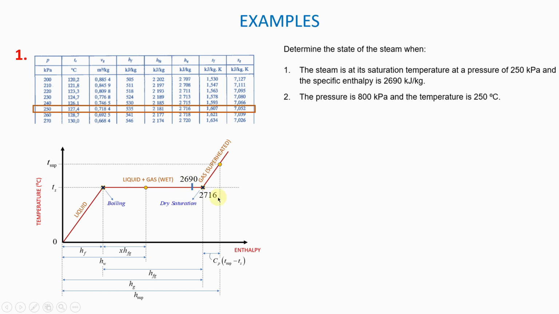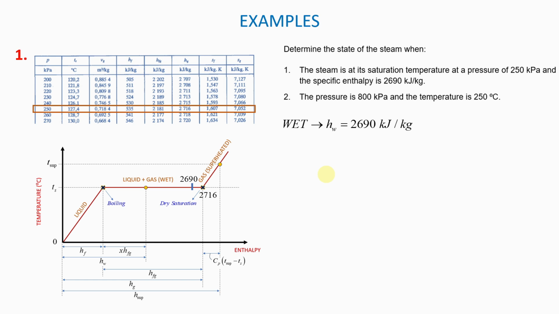I hope you are able to appreciate this. Therefore, it is wet, and the enthalpy of wet steam that we will have will be, of course, 2690, which was given to you. This is the enthalpy of wet steam. Since the state of the steam is wet, what we need to do is find the dryness fraction.